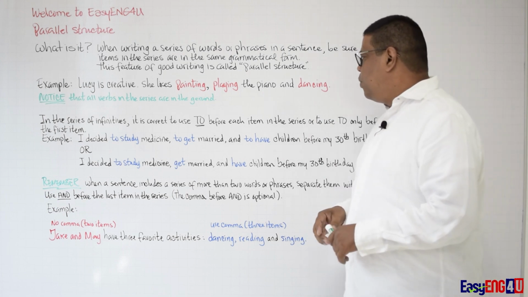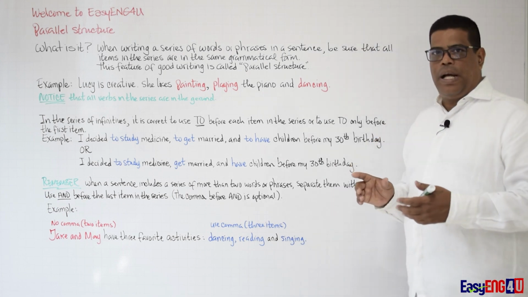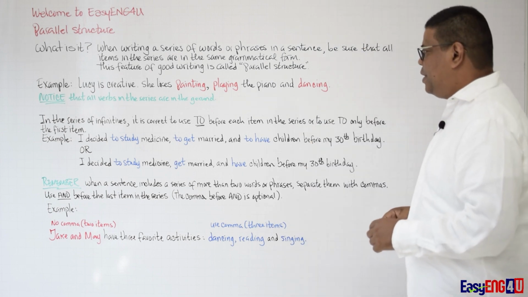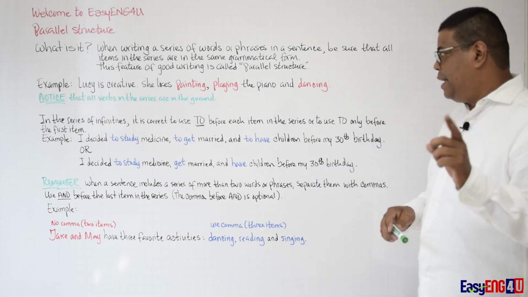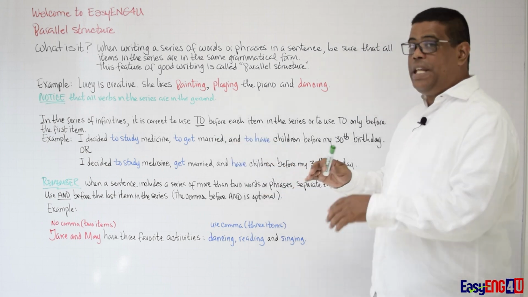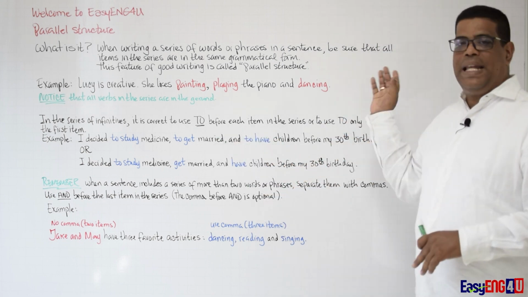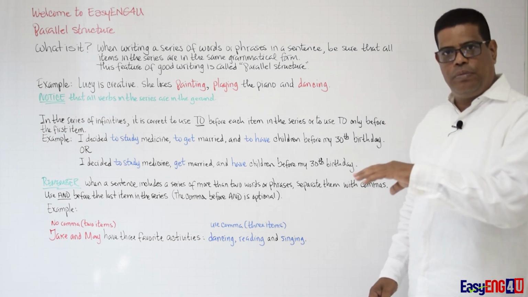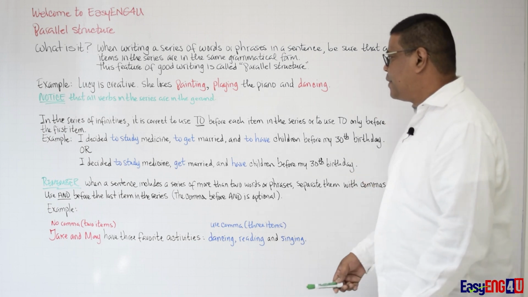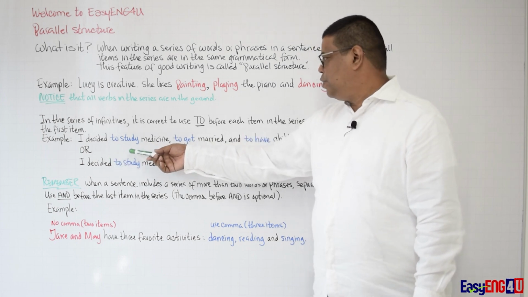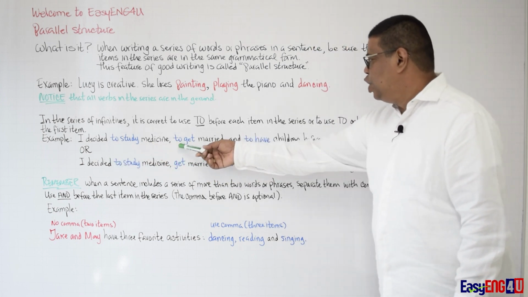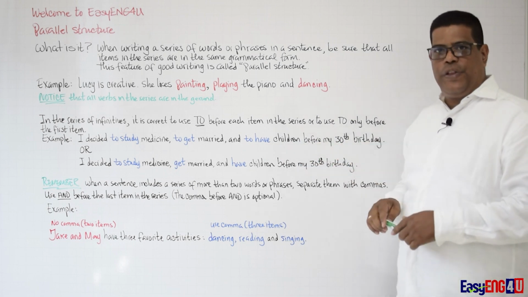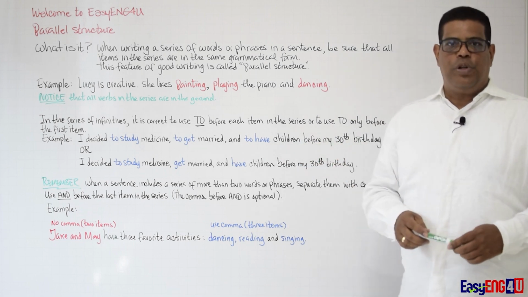Okay, what is it that I just said here? I'm going to illustrate it again with another example. Okay, remember, it is correct to use to before each of the items or in the first item. Let's take a look at this example and see what I mean. I decided to study medicine, to get married, and to have children before my 30th birthday.